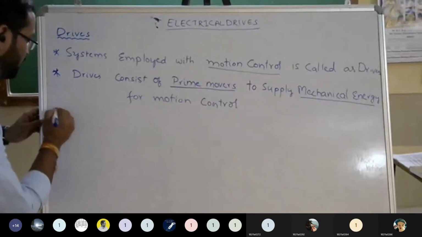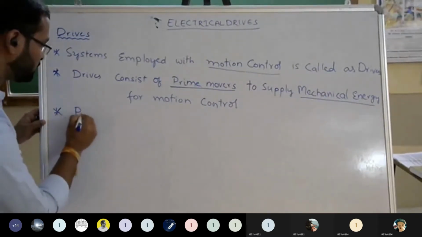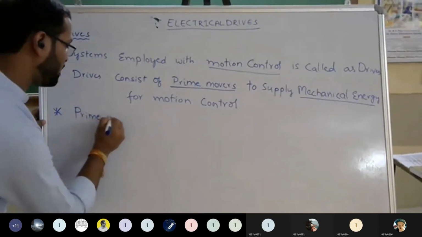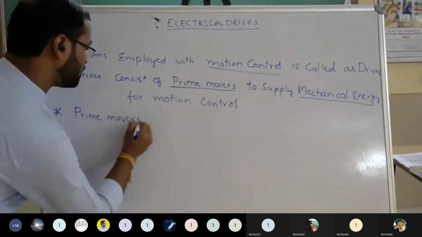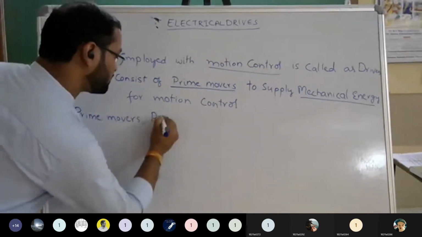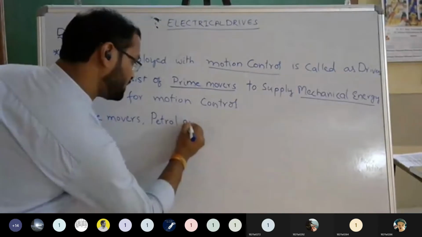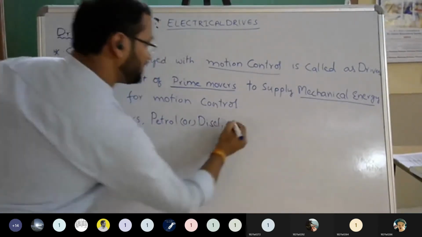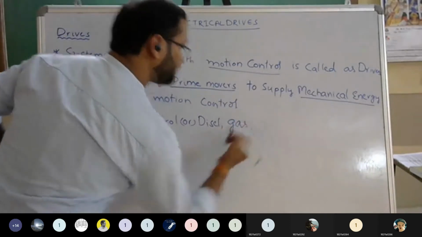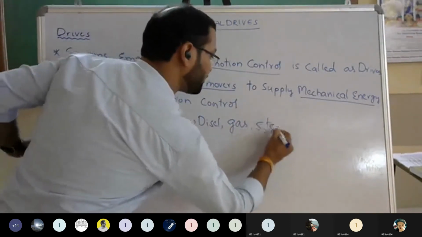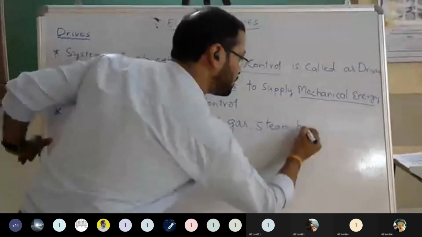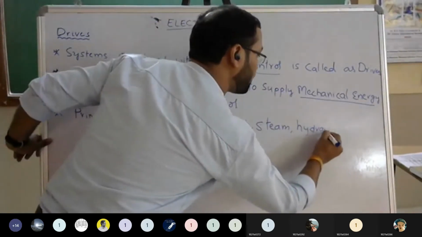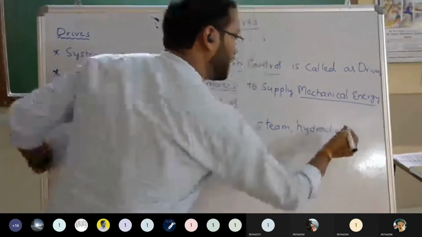So what are some examples we will take? What are the prime movers? Petrol engines or diesel engines, gas engines and steam engines, hydraulic motors and electrical motors.